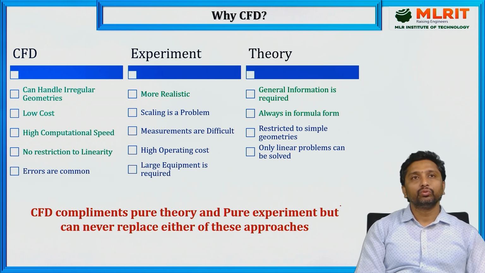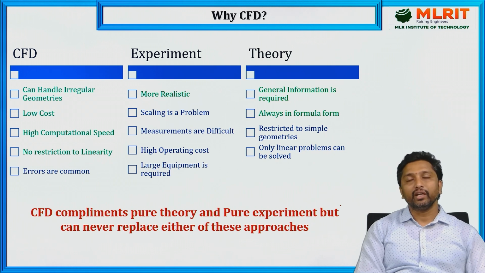And coming to linearity of the problem, since any complex problem can be solved using CFD, there is no proper restriction for linearity of the problem, provided we have the computing capability. Then linearity shouldn't be a problem for solving any kind of fluid flow problems.